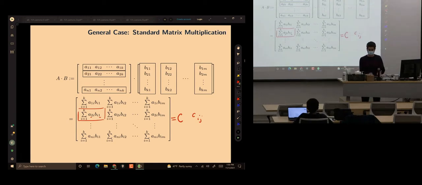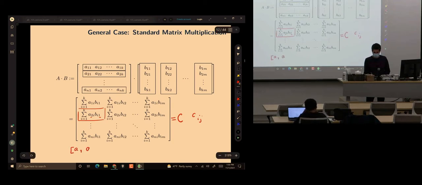Now you know that this is basically a dot product. If I have a row vector A1, A2 and a column vector B1, B2, I'm going to multiply them.